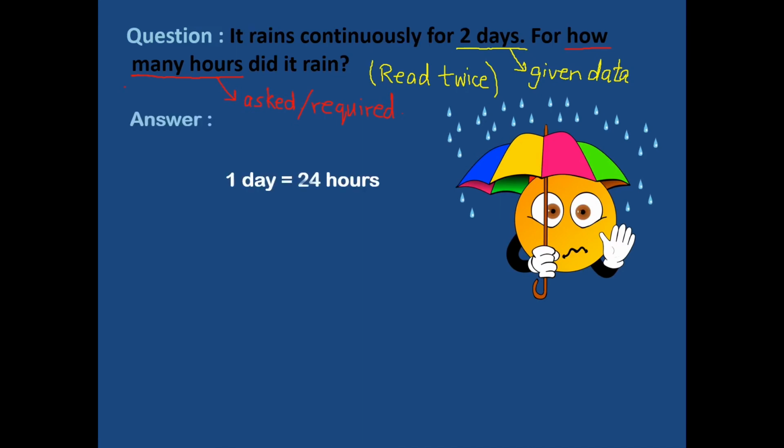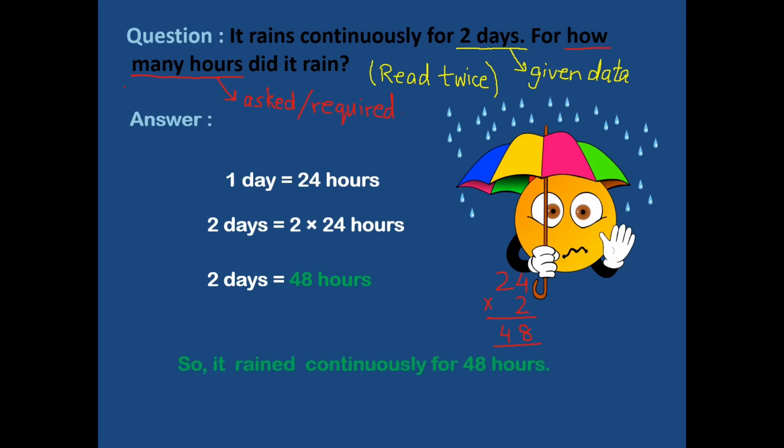Since 1 day equals to 24 hours, so 2 days will be equal to 2 multiplied by 24. That is 2 days is equal to 48 hours. So it rained continuously for 48 hours.